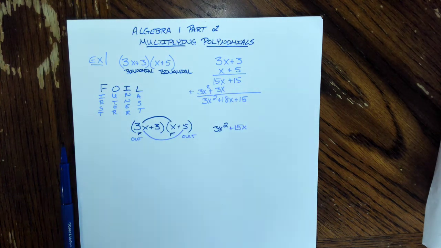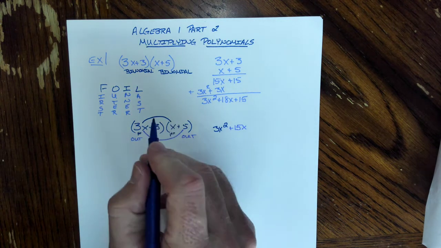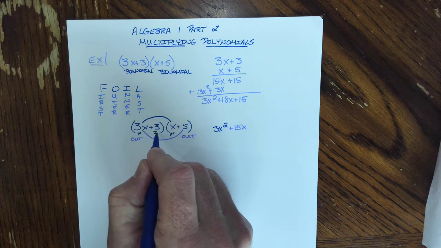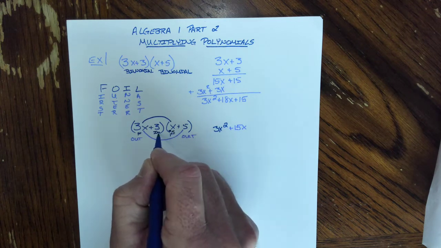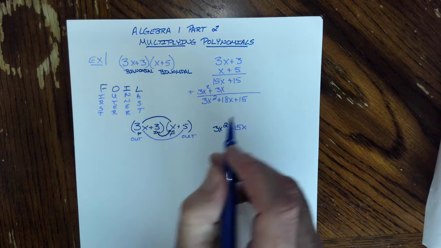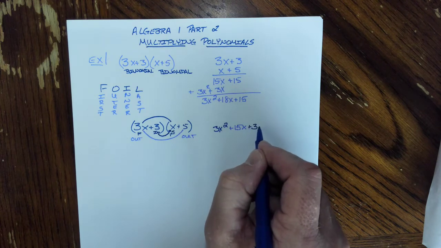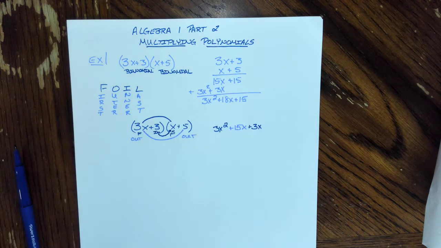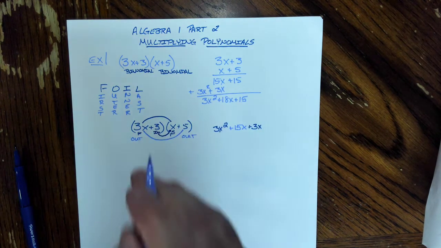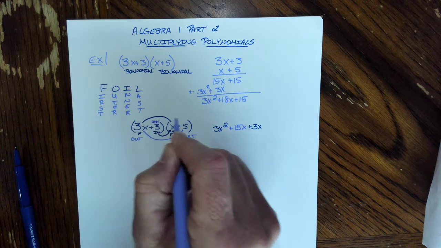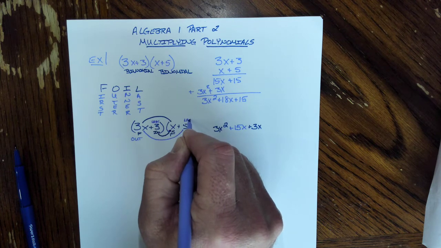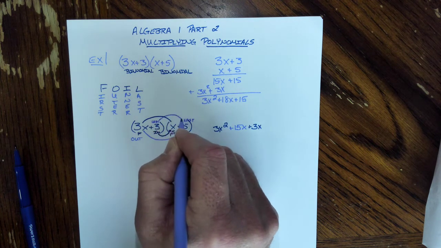Then we work on what's called the inner terms. So that's on the innermost, and this is also on the innermost. So we multiply them together. There's our inner. And then we work with the last terms. The last one in the parentheses, which would be this one, the last one over here in this parentheses, which would be right here.